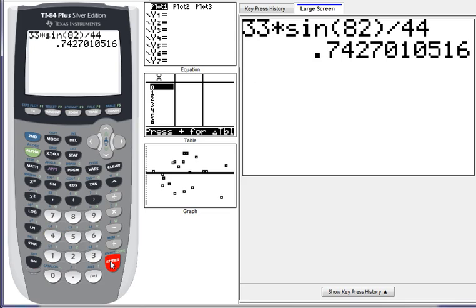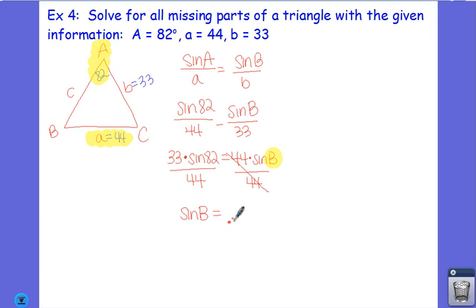Now notice we don't get any whole numbers. This is not wrong. When we still have the word sine there, I need you to put down several decimals. We're going to do 4 decimals. 0.7427.